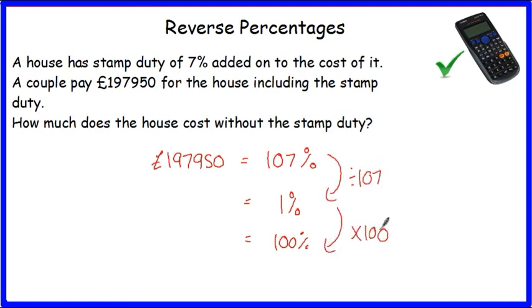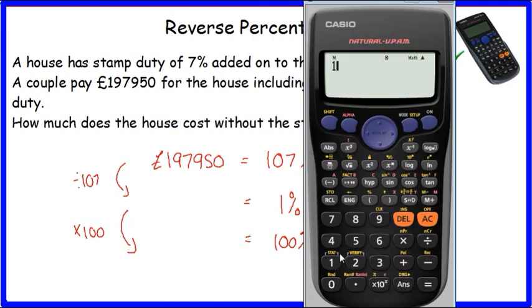I'm just going to make the answer straight. Divided by 107 times by 100. I'm just skipping this part. £185,000.